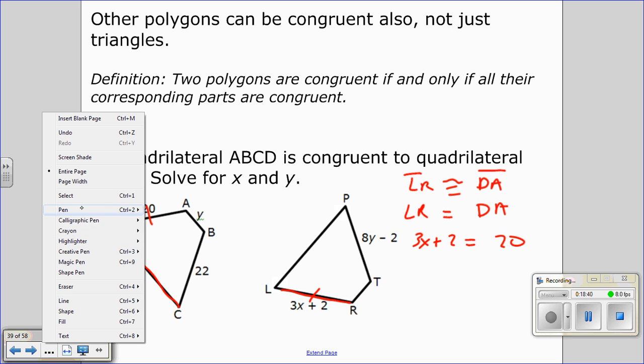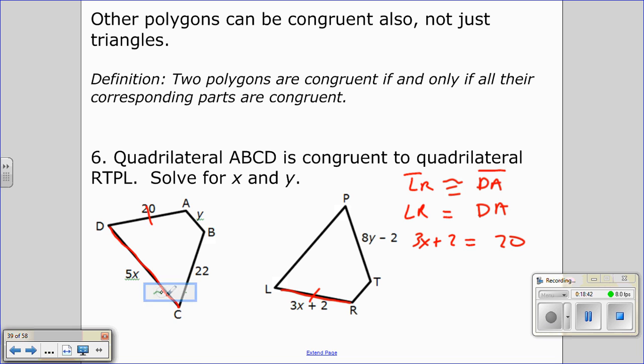To find y, you must do something very similar to that. We have PT, which is congruent to BC, or CB. So that's how I'm going to find y. So again, TP is congruent to BC.